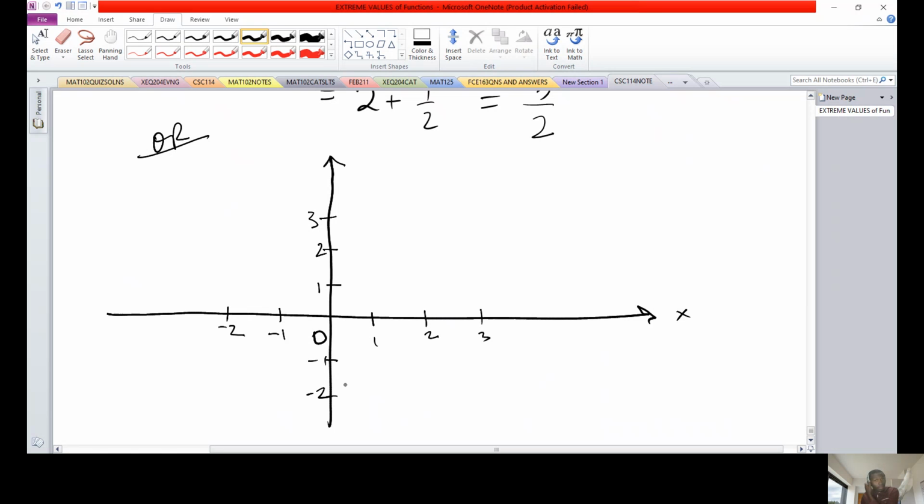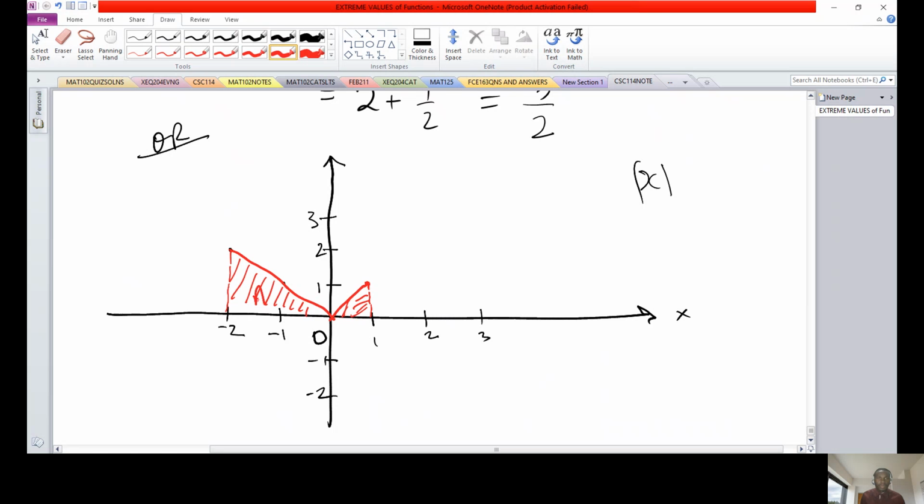The value of absolute value of x from -2 to 2: when x is -2, the absolute value of -2 is 2. When x is -1, the absolute value of -1 is 1. 0 is 0. And then 1, we have this point here. When you complete this, this is the region of interest.